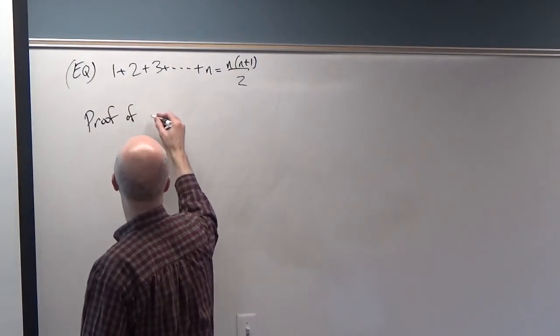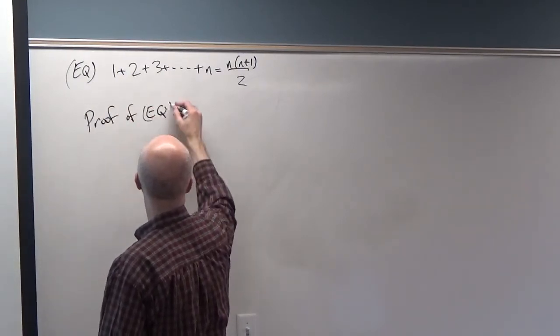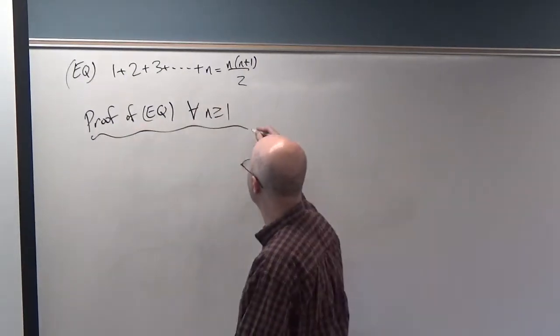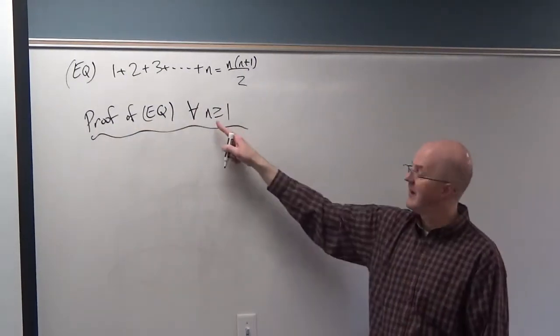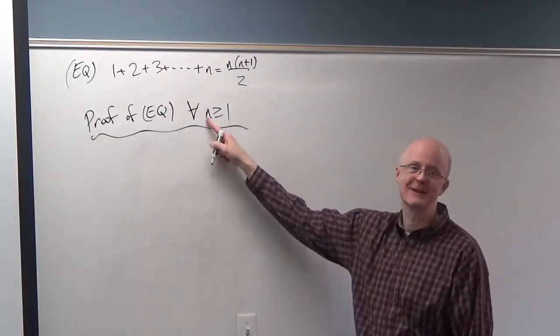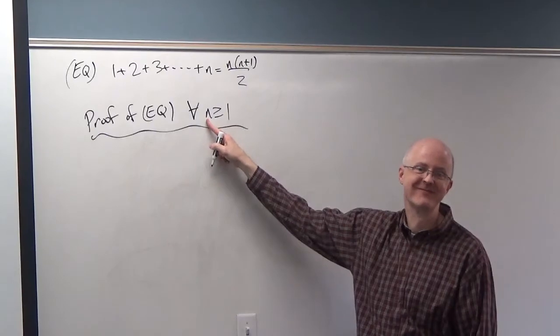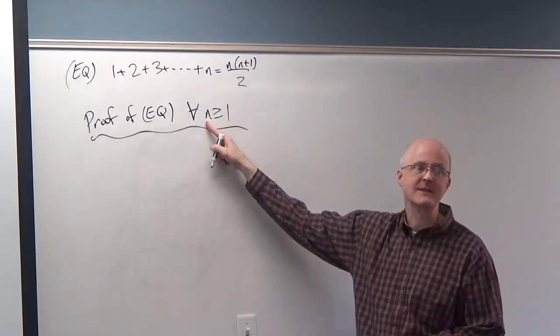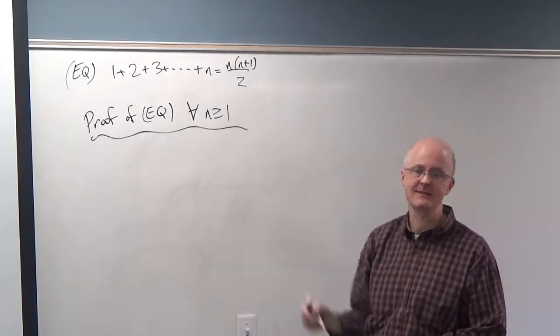Proof of EQ for all integers n greater than or equal to 1. I said integer verbally. It's generally assumed that when you write n, it's going to be an integer. But technically speaking, it wouldn't have to be. But I am assuming without writing it that n is an integer.